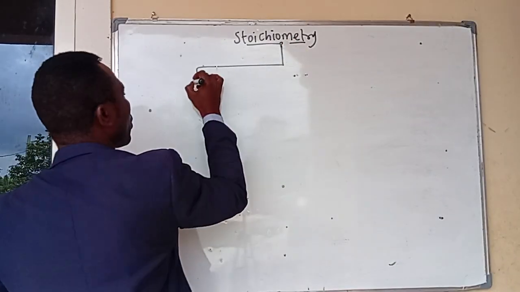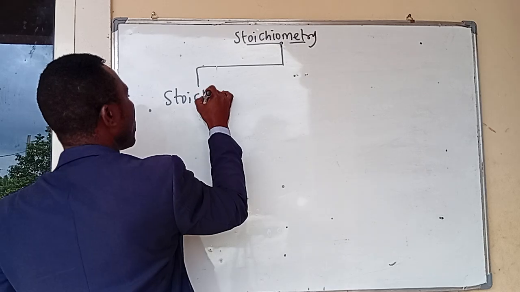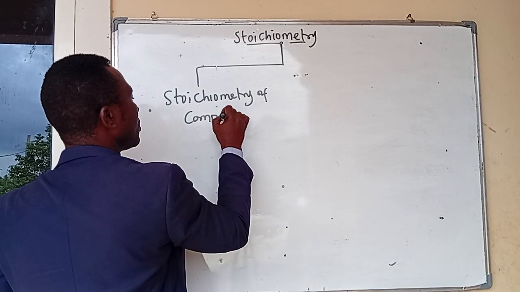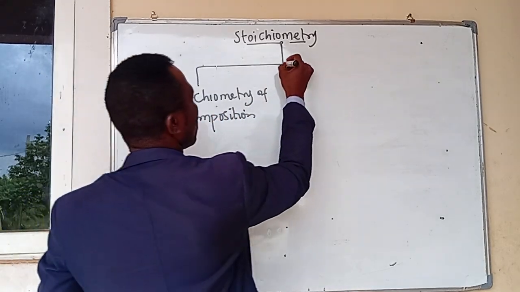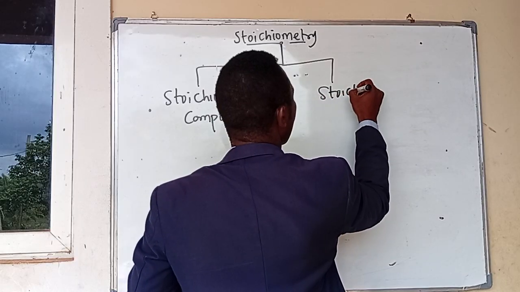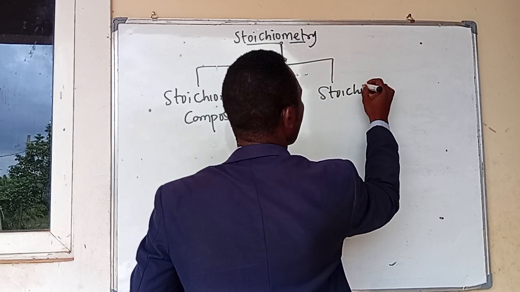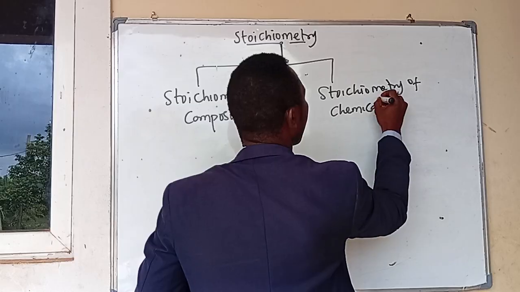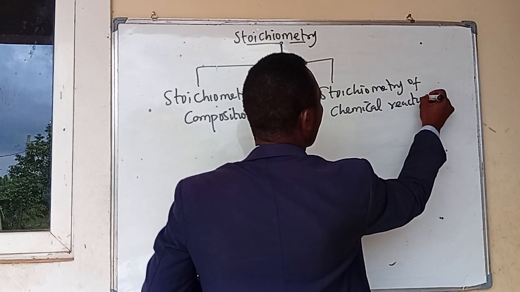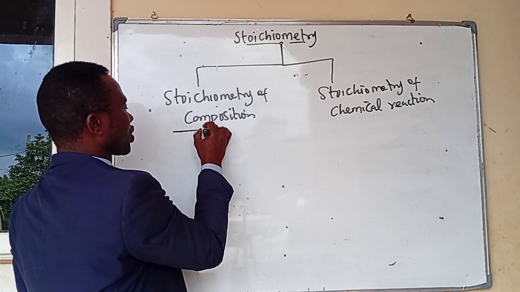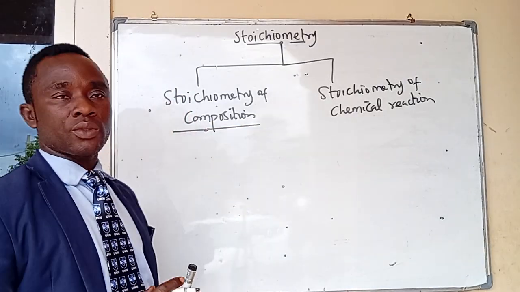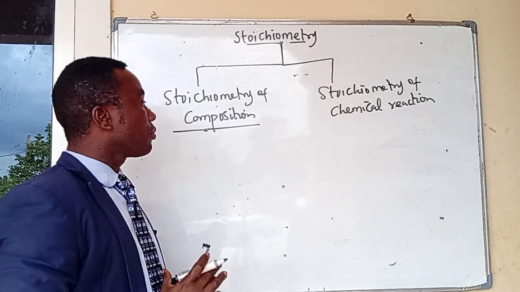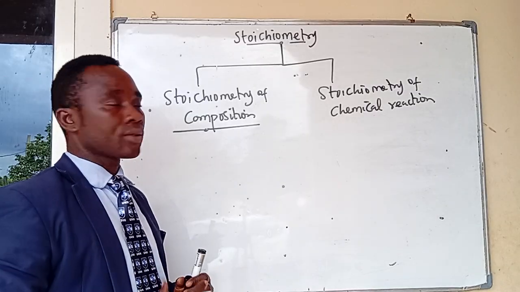We have stoichiometry of composition, and we have stoichiometry of chemical reaction. Stoichiometry of composition are those calculations or measurements involving atoms when the atoms are not undergoing chemical reaction.